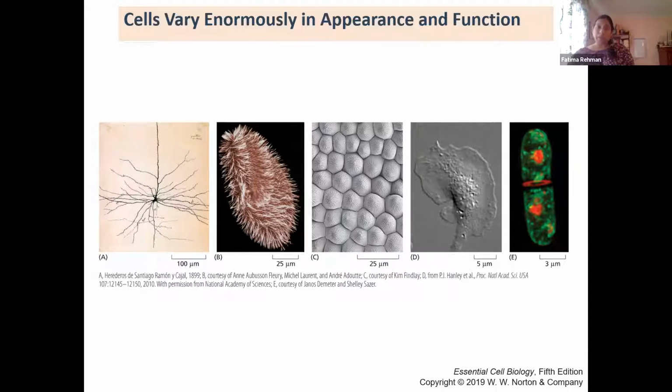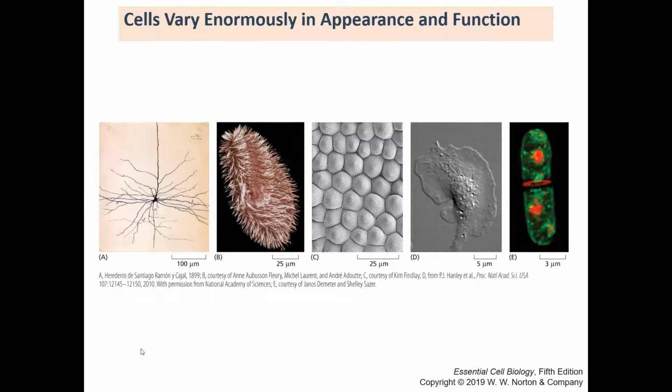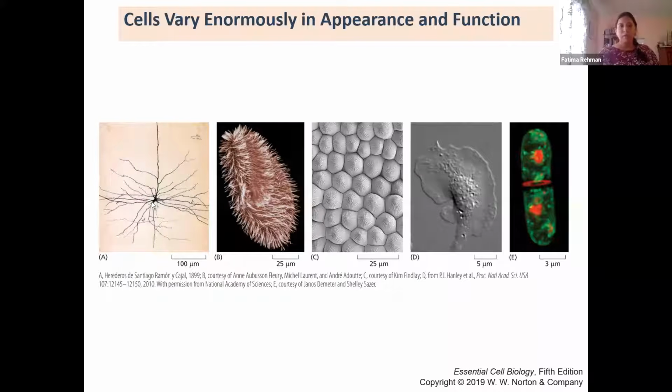Also, what can affect their appearance could be their ultimate function. If you look at a neuron right here, you can see my cursor moving around, guys? Yes. But if you look at a neuron, it looks very, very different.